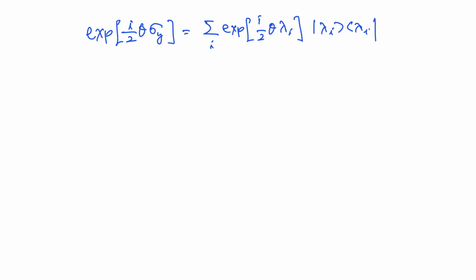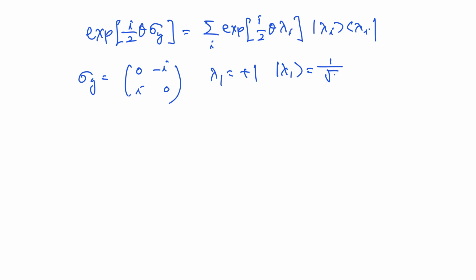So in this particular case, sigma y is 0 minus i, i 0. We have done this before. Lambda 1 is plus 1, and the normalized eigenvector is 1 over square root of 2, (1, i). And lambda 2 was minus 1, with eigenvector 1 over square root of 2, (1, minus i).